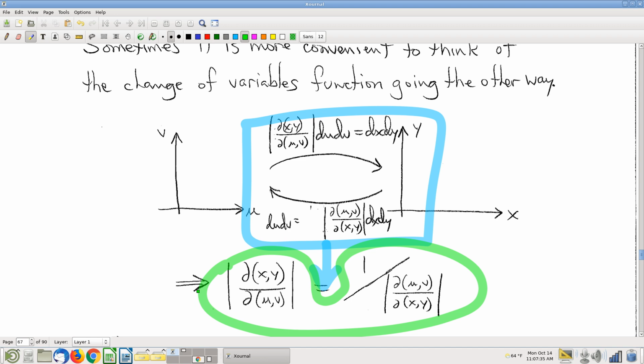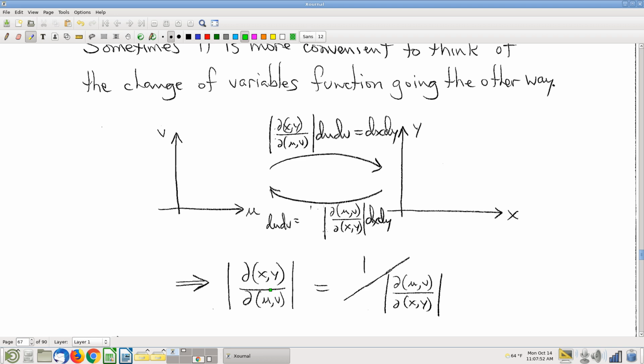Again, it's super convenient. In fact, the fact that this thing behaves so much like a fraction is part of the reason that we like to write it as a fraction. So, yeah. Again, of course, it's not actually a fraction.